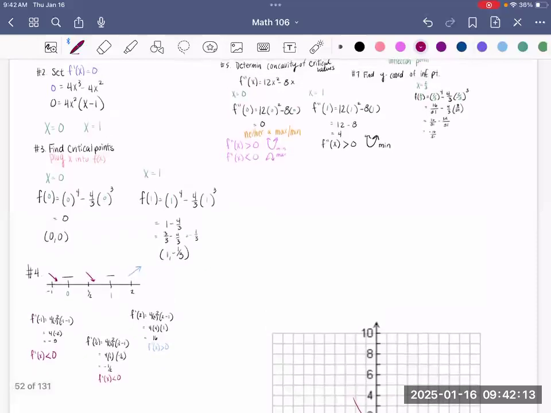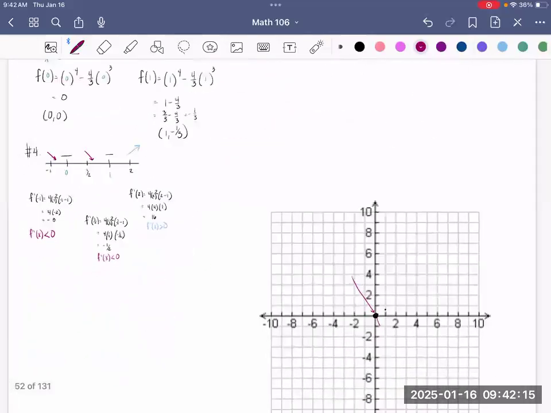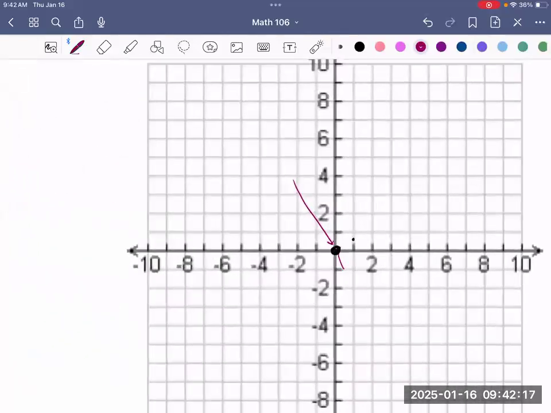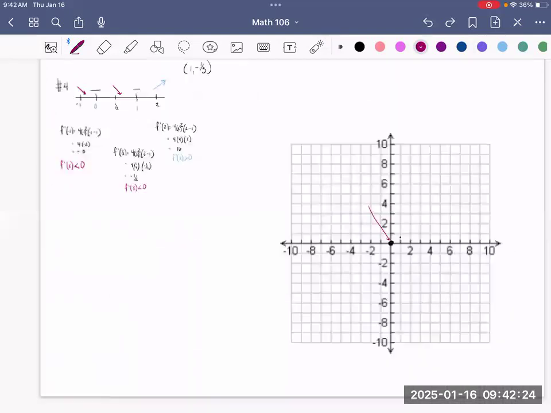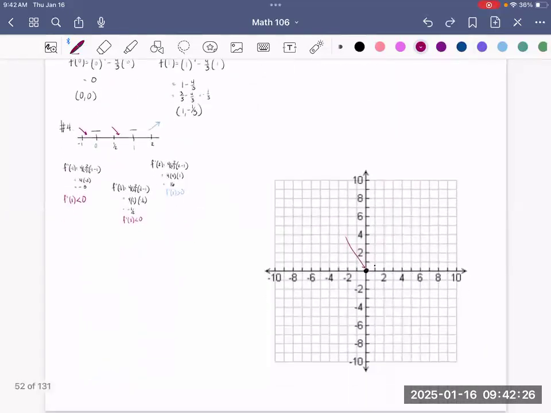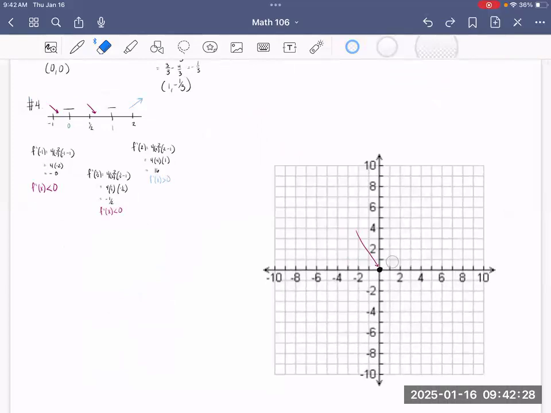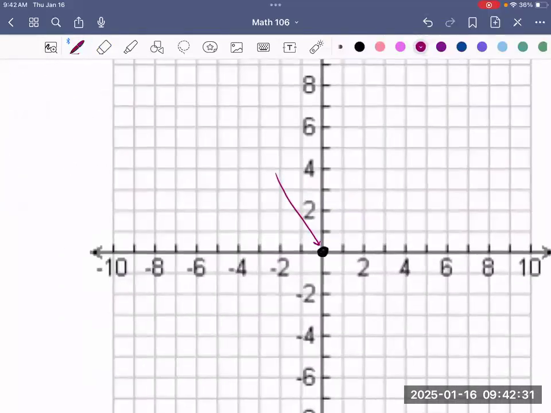That some point is 2/3, so we'll come back around. I just changed it. 1 and a third is over here.